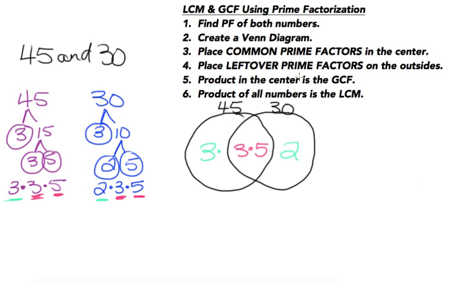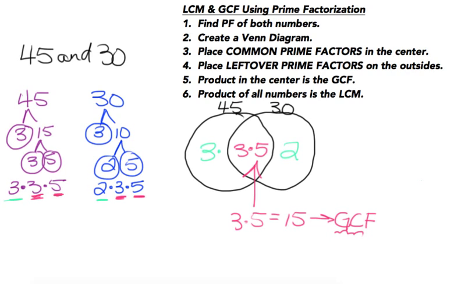The product in the center is the GCF, which means this product, 3 times 5, which is equal to 15, is the GCF, or greatest common factor, of 45 and 30.